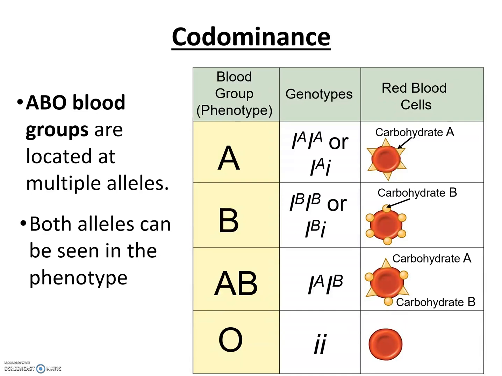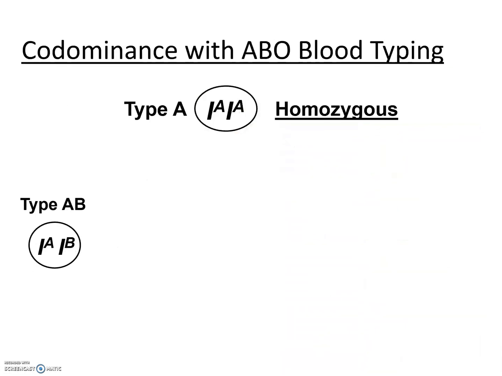When we look at this process with our Punnett squares, we can see something interesting. In this example, we have somebody who has type A blood. They're homozygous, so we indicate this with both capital A's to indicate that they have that dominant A allele. And this individual is type AB, so one copy is that dominant A, and the other copy is our dominant B trait.